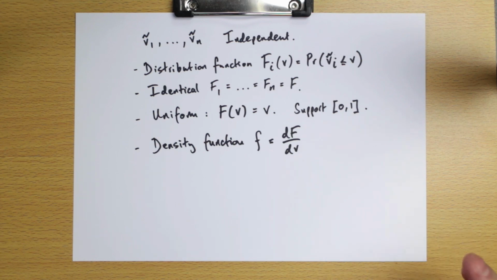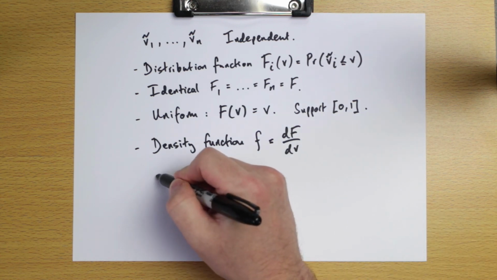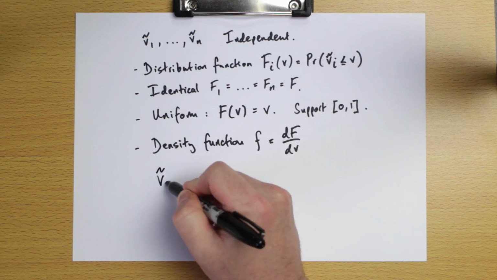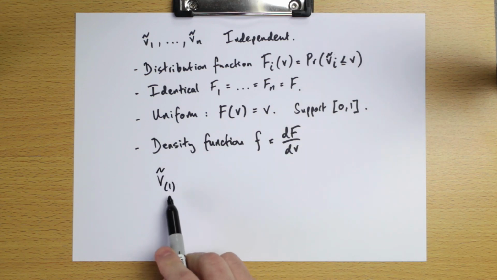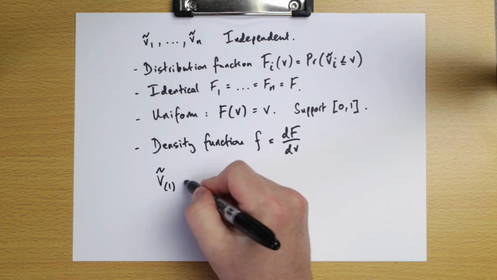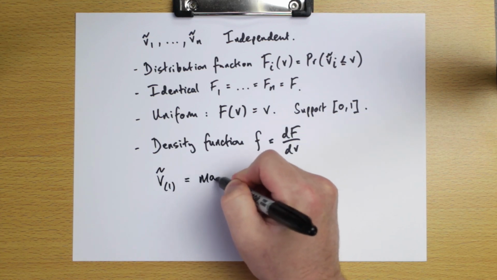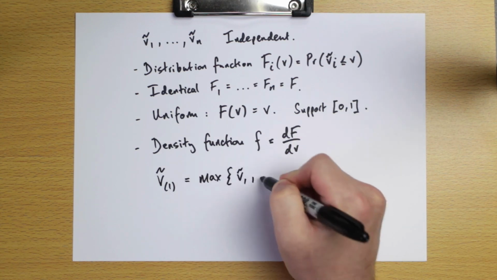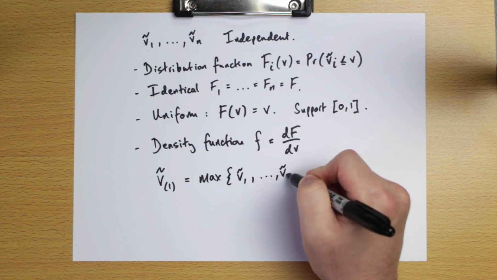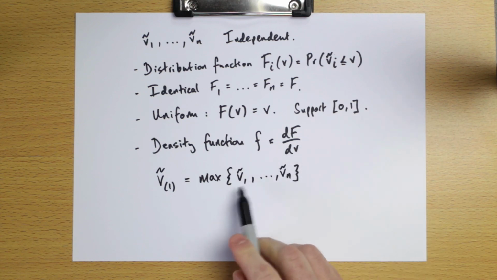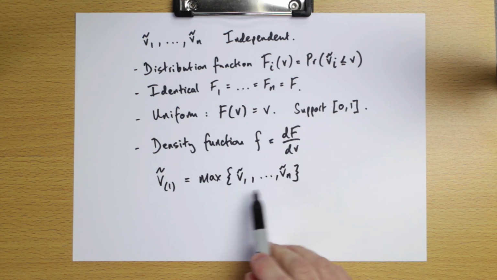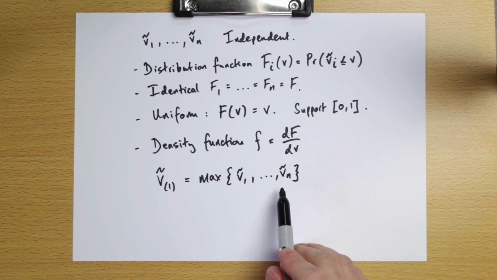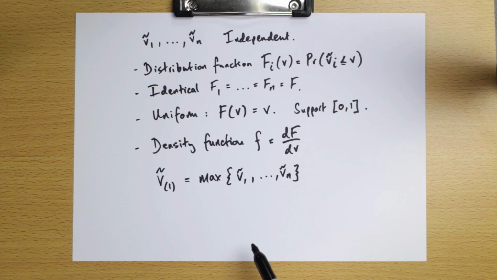But we're going to talk about the first order statistic. If we remember what that was, let's denote it ṽ with the 1 in brackets. That's just a standard way of denoting the first order statistic, and essentially it's the maximum of these values. That is, you take a sample of n observations of these random variables, you look at the highest value, and that's the first order statistic.